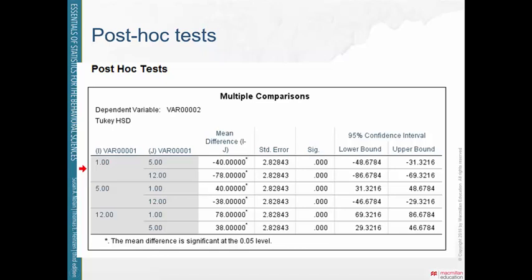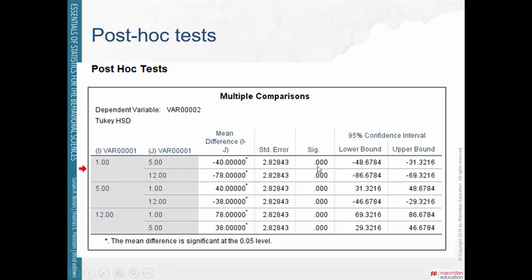We say we want things to be significant at the 0.05 level. This column is telling you how significant something is, and for it to be a statistically significant comparison, this column must be less than 0.05. That's what you have to remember.